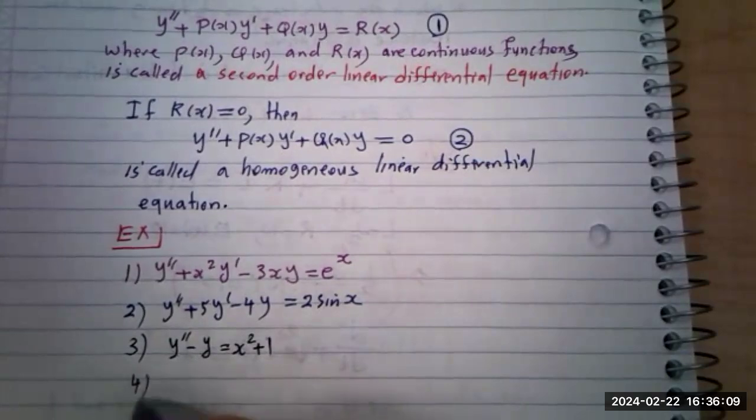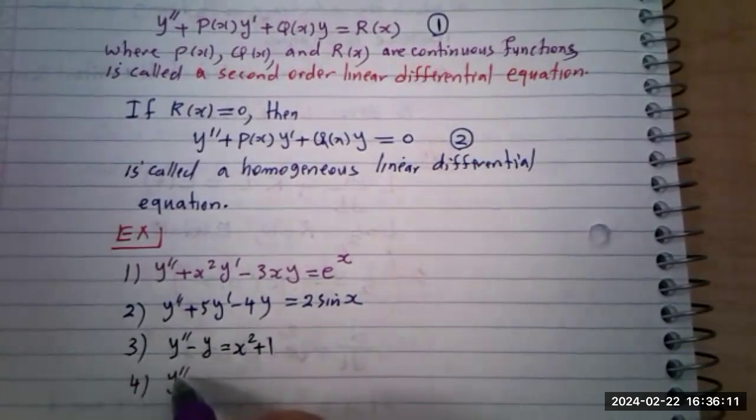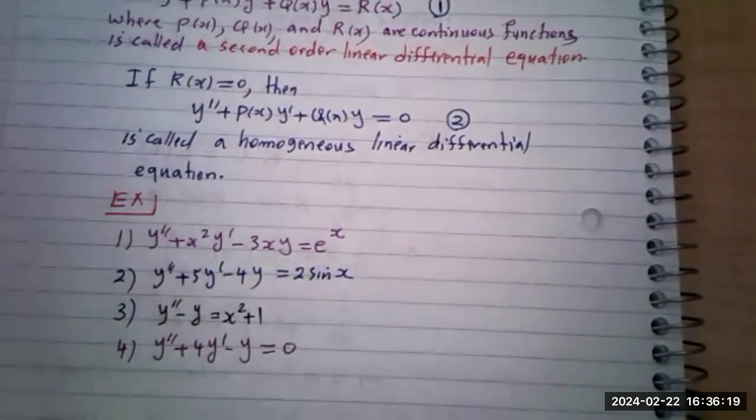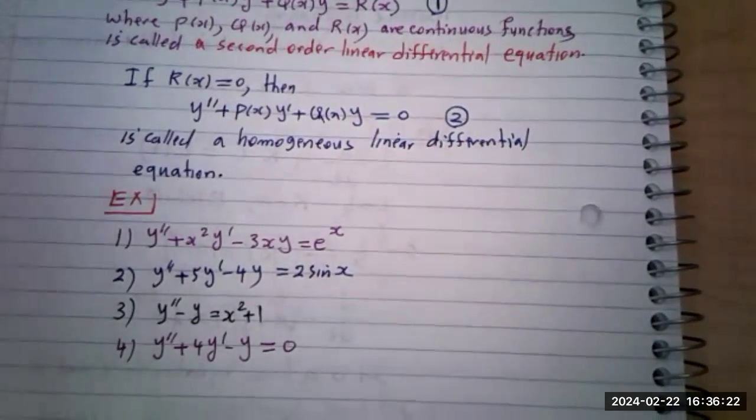Number 4 is y double prime plus 4y prime minus y equal to 0. What's special about this one? It's homogeneous. R of x is equal to 0, so this is a homogeneous equation. The other ones were all non-homogeneous.